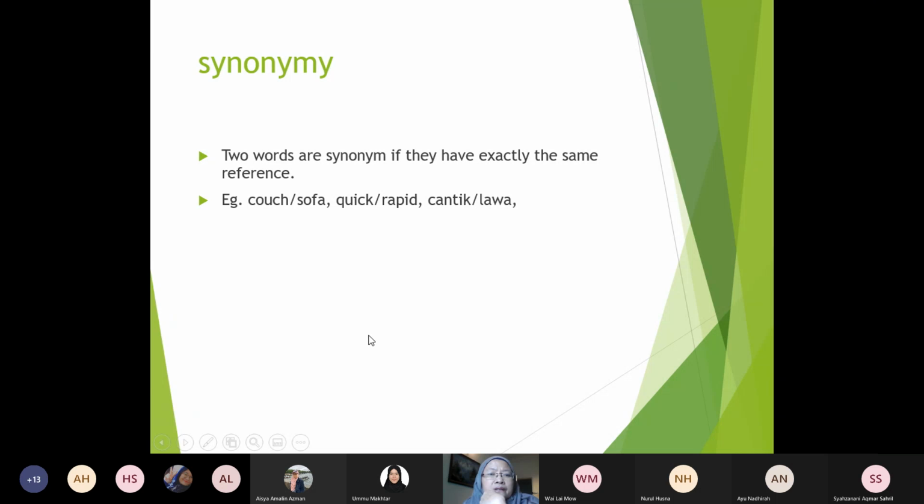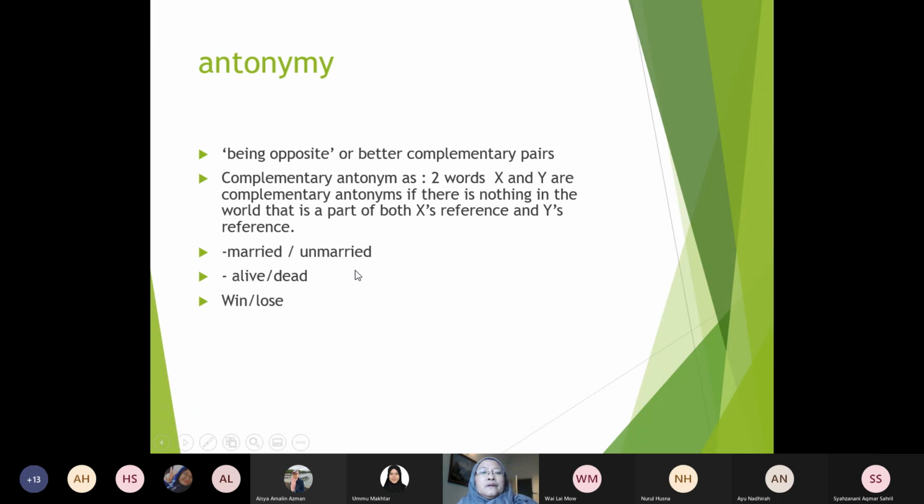Okay. A synonym, as we know, two words are synonyms if they have exactly the same reference. If they have the same meaning. Okay. Antonym is being opposite, or sometimes called complementary pairs.